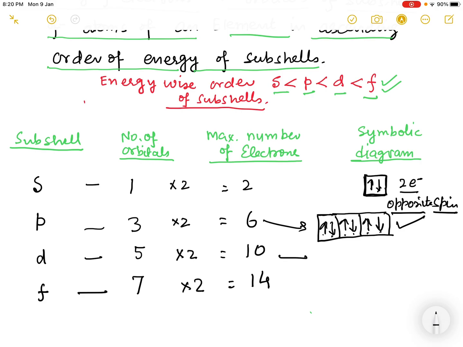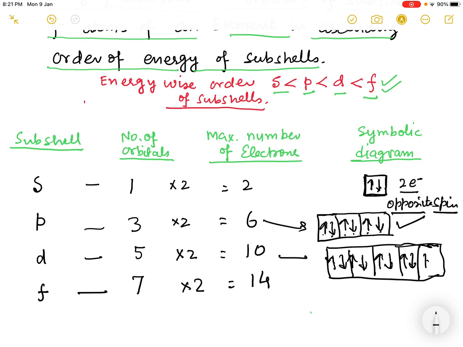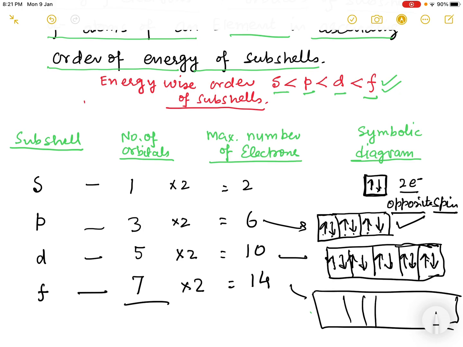And here there are 5 orbitals, 1, 2, 3, 4, 5, and hence 10 electrons can be accommodated. Each pair of electrons has opposite spin. And here there are 7 orbitals, and 14 electrons are arranged in these 7 orbitals.